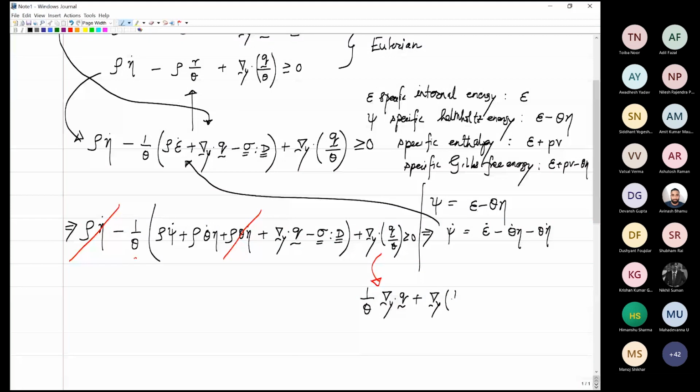This is something you can show using indicial notation also. This thing is equal to 1 by theta divergence of q minus 1 by theta squared gradient of theta dot with q.